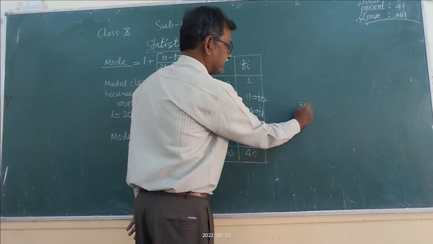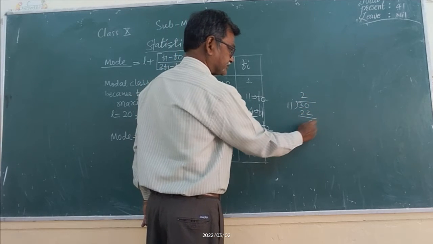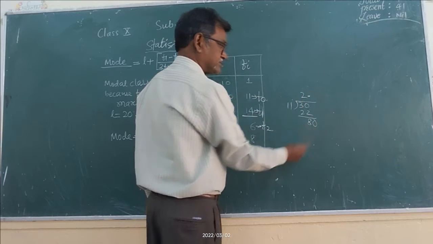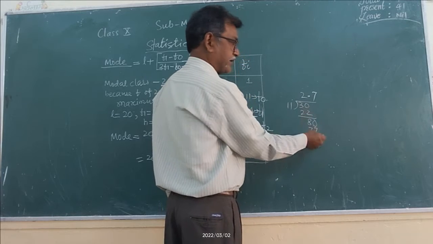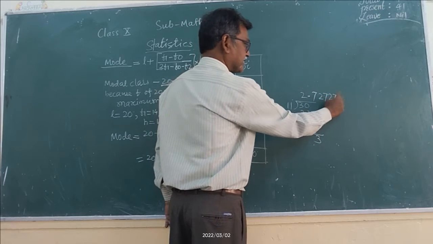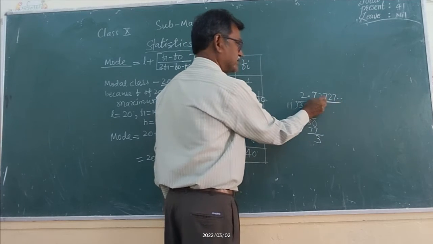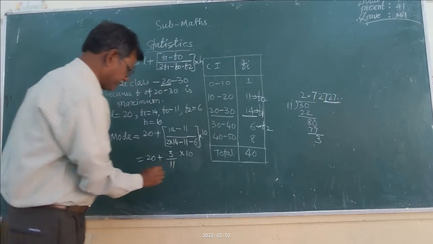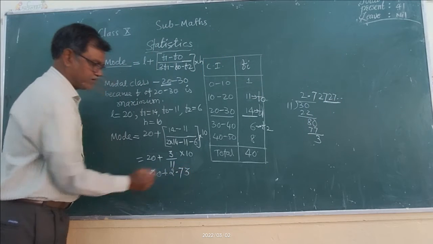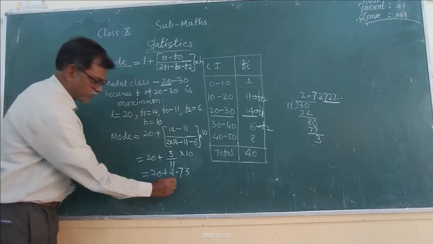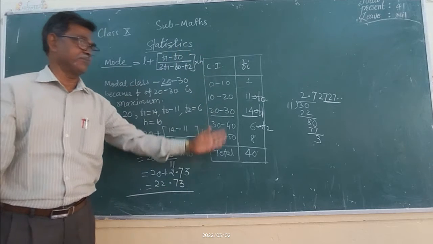So 30 divided by 11 is 2.7272 repeating, and so on like this. So up to this, divided. So it will be 20 plus 2.73, and add it. So 22.73 is the mode of the same data.